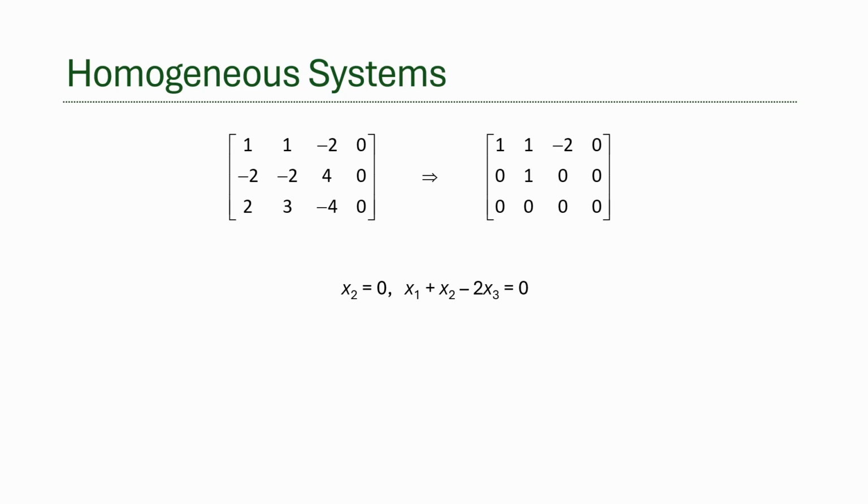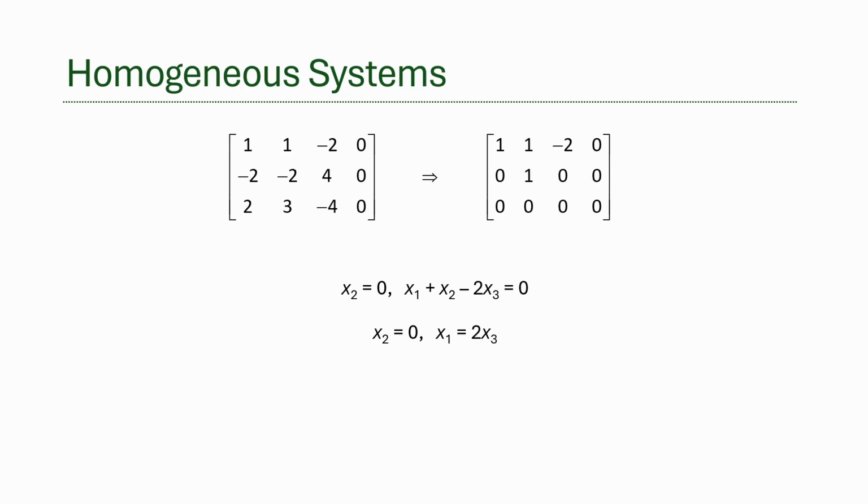I'm going to put 0 in for x2 in the first equation and then solve it for x1. If we do that, we get this for our solutions: x3 can be anything, x2 has to be 0, and x1 has to be 2 times x3. That's a perfectly good algebraic solution.